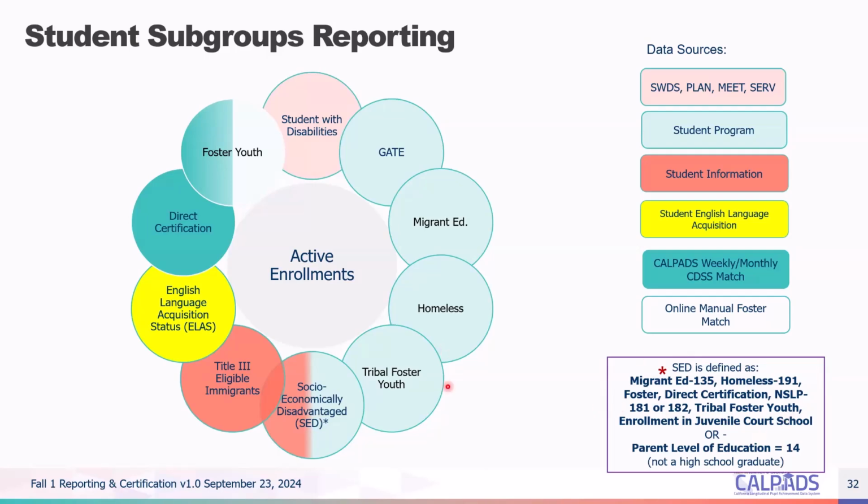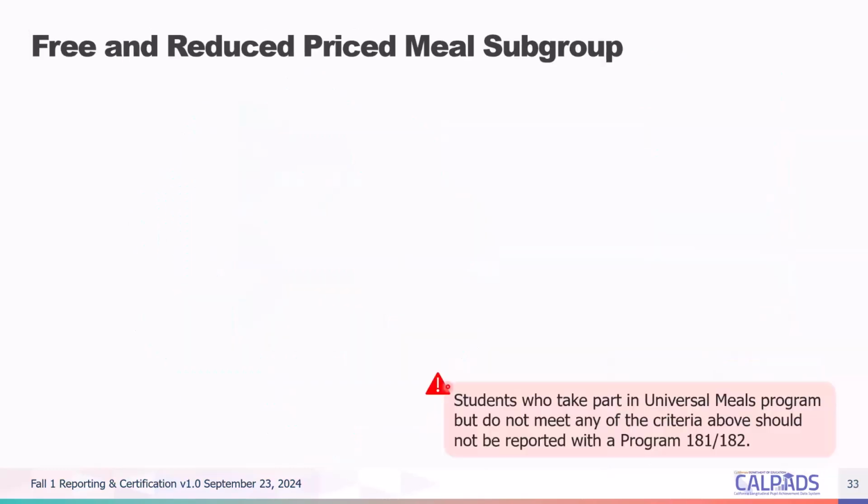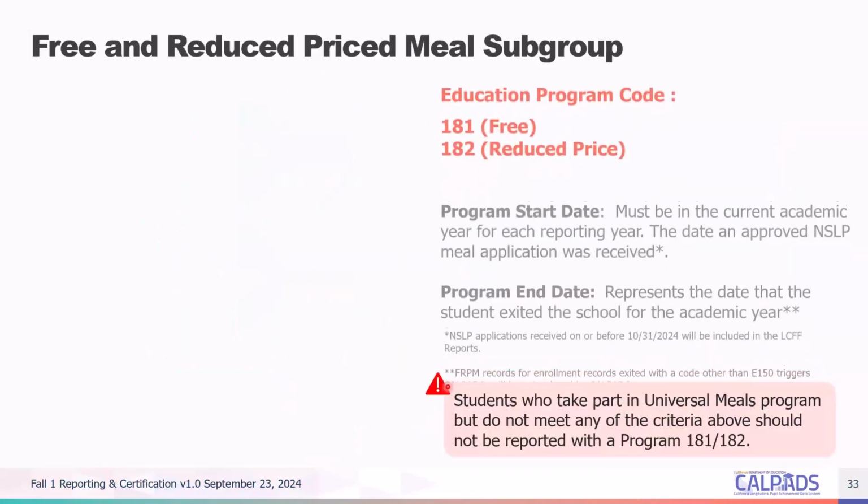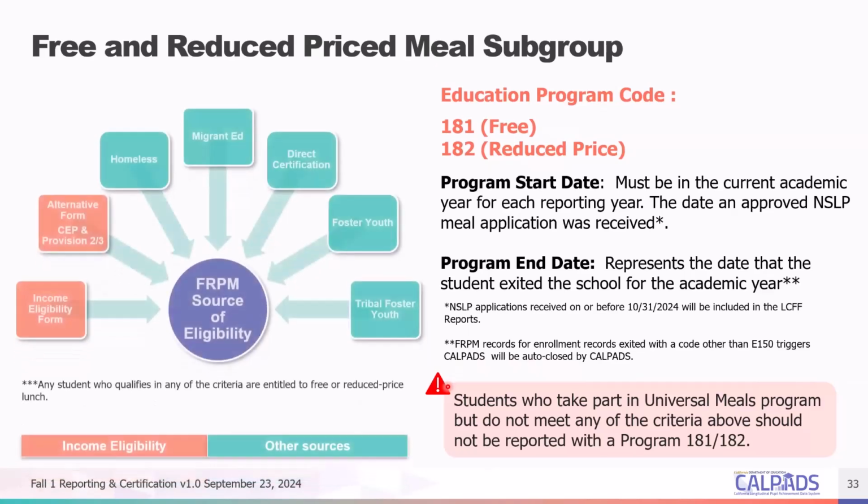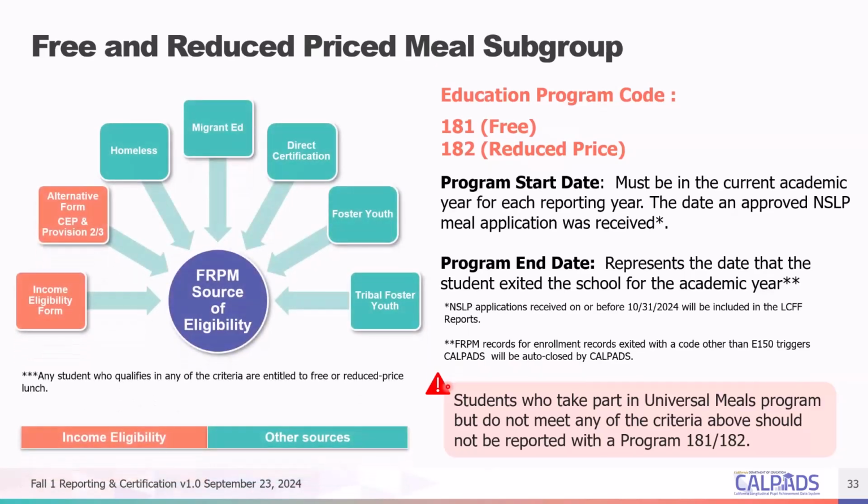All right, so we also have the free and reduced price meal subgroup. This qualifies the student to receive free meals, right? There are different sources of eligibility. If there are categorical programs and matching processes that would enable the student to be eligible for either a free or reduced price meal, there are also income-based applications that would qualify them.